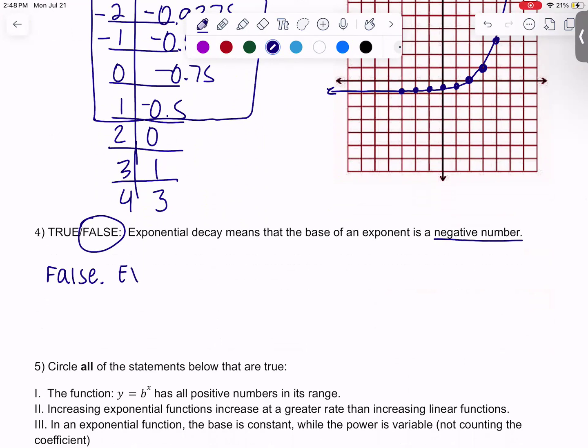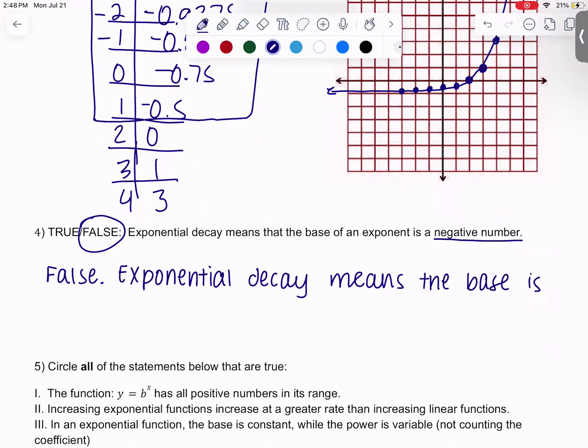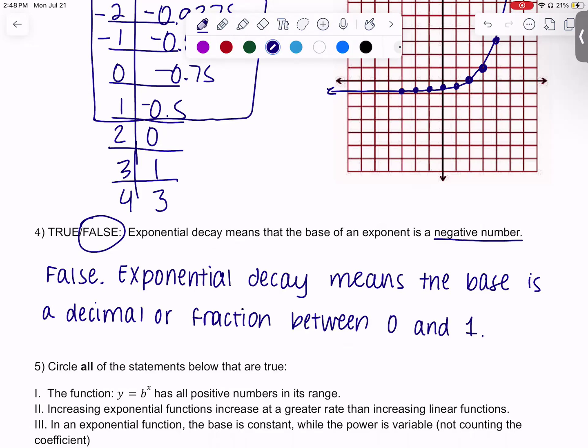Exponential decay means the base is a decimal or fraction between 0 and 1.